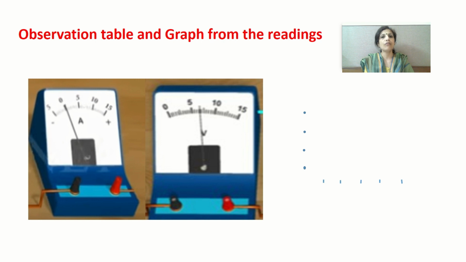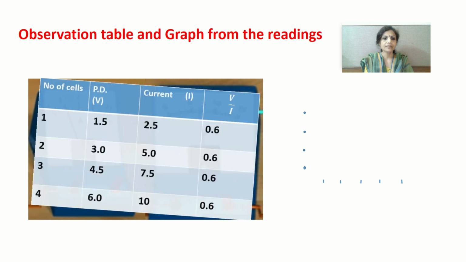So the value of each line is 0.2 volt. This is called the least count of the ammeter and voltmeter. Least count means the value of one line, the minimum reading which you can take on the ammeter and voltmeter is its least count.